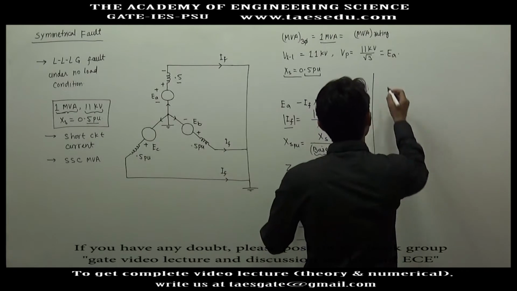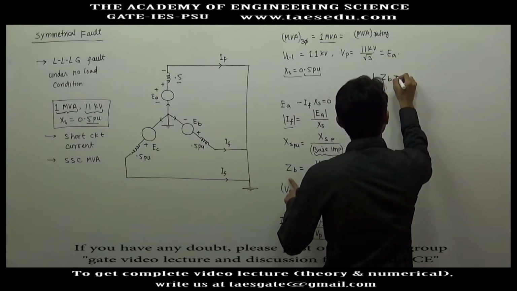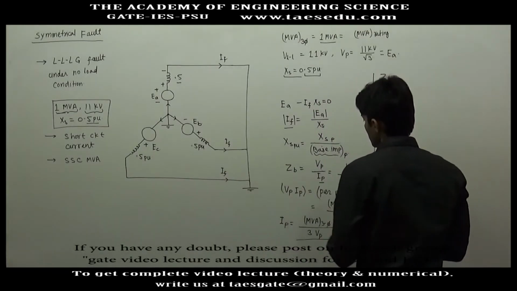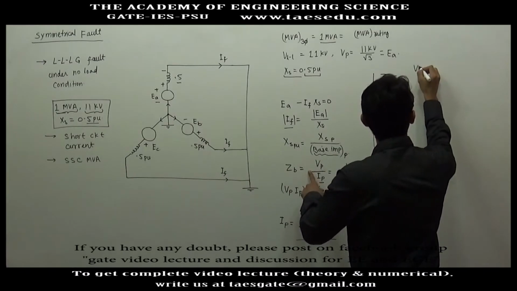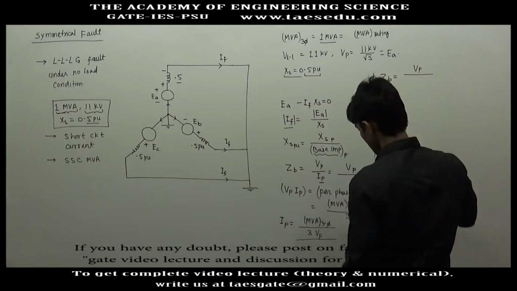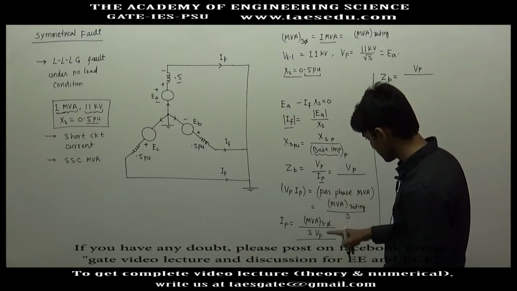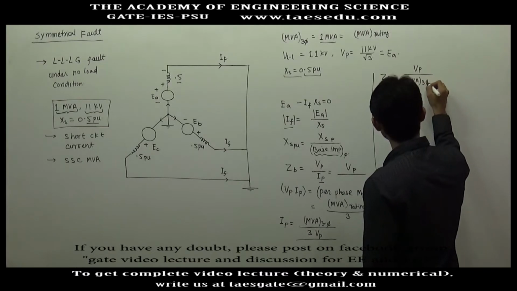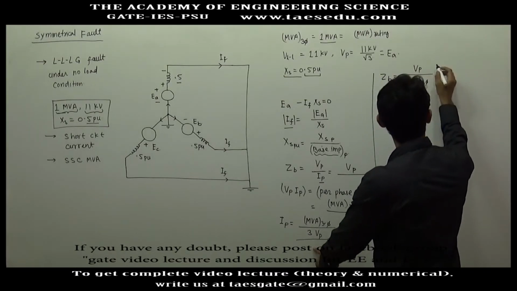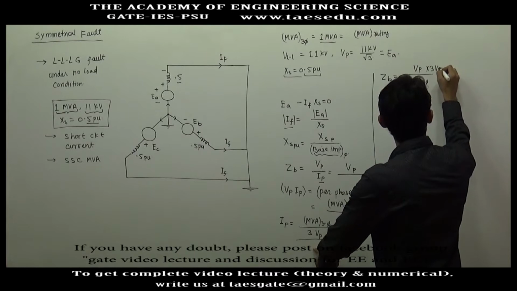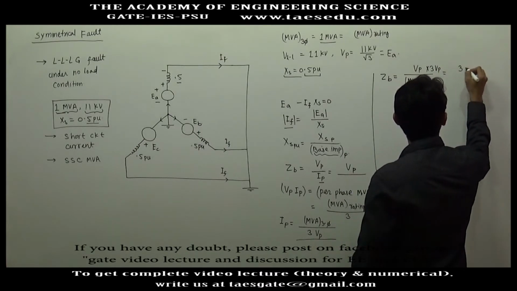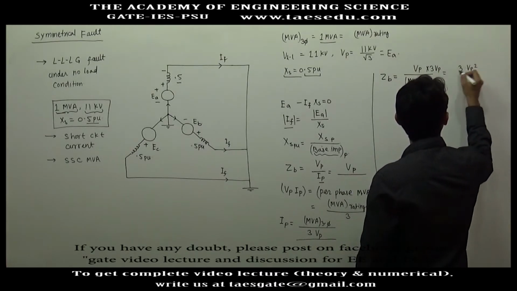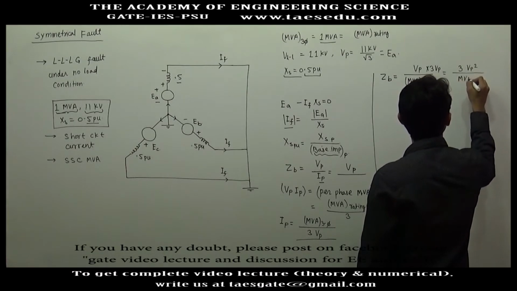So what will be ZB now, the base value of phase impedance? Vp divided by Ip, where Ip is MVA 3 phase divided by 3 Vp, that is 3 Vp square divided by the MVA rating of the machine.